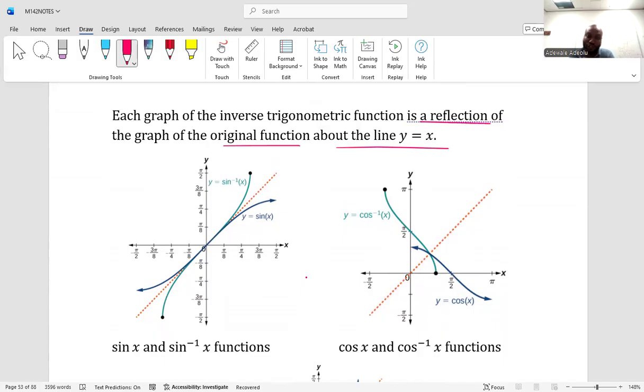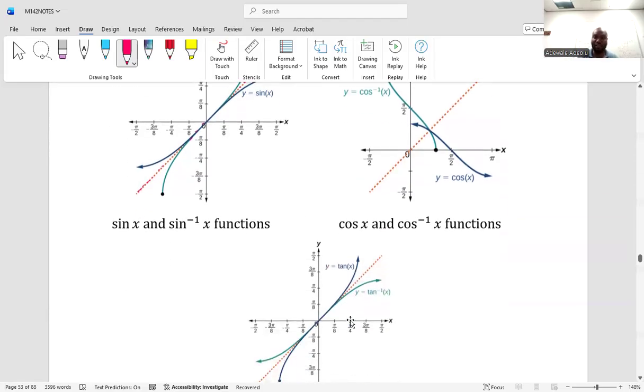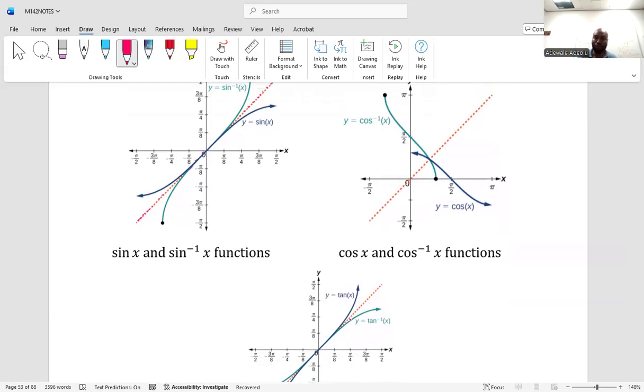That is, if you draw a line y equals x, a straight line that passes through the origin, the function and its inverse will be the reflection of each other. That is, sine of x will be the reflection of sine inverse of x. The same thing with cosine, the same thing with tangent. That is what I try to show you from these graphs.